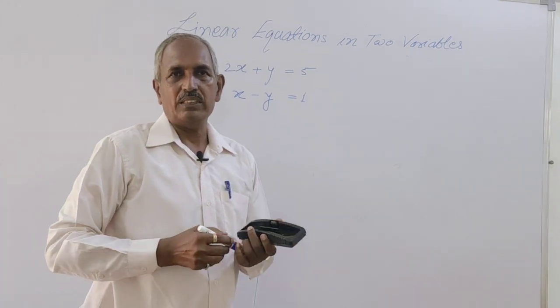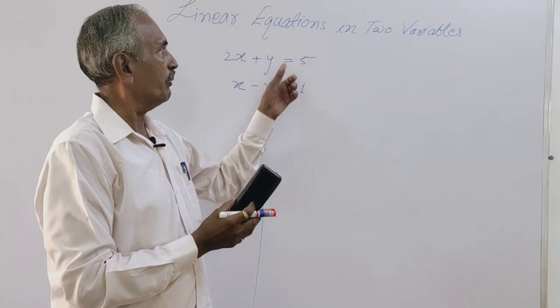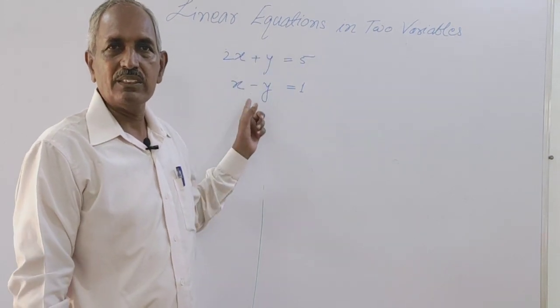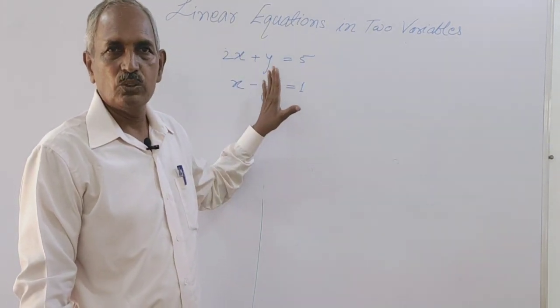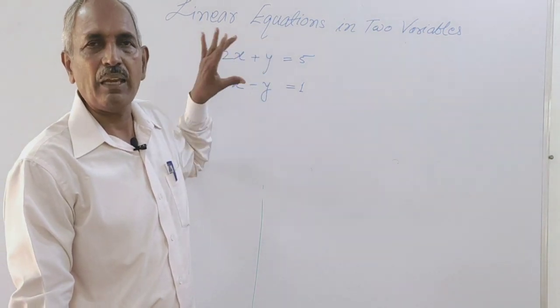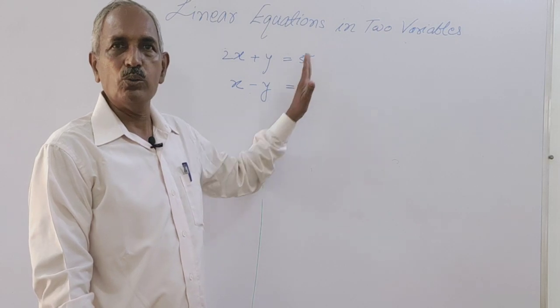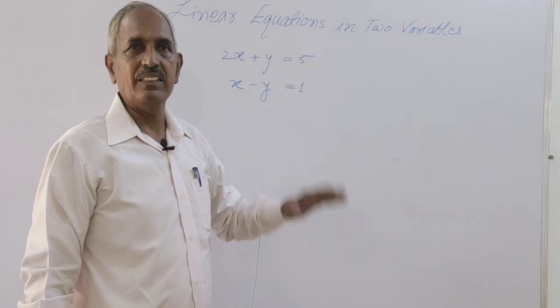Both the equations are in two variables and both are linear equations. So we call these simultaneous equations. Now we have to learn how to solve simultaneous equations.